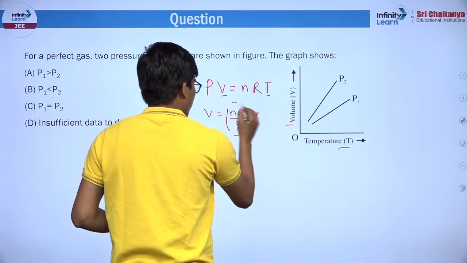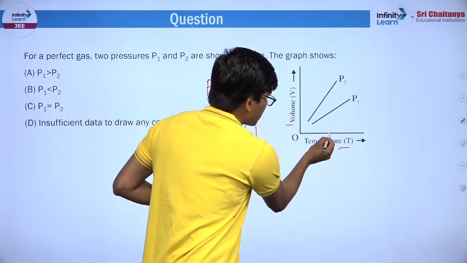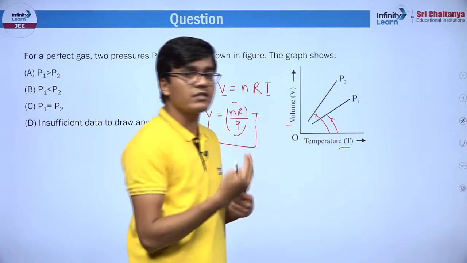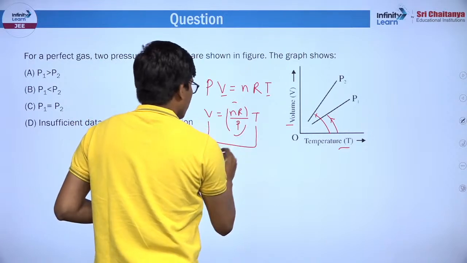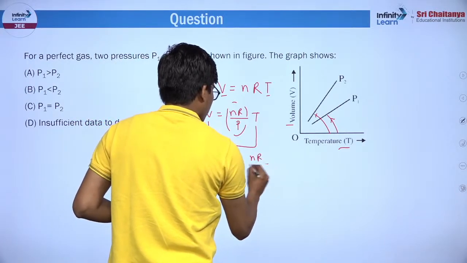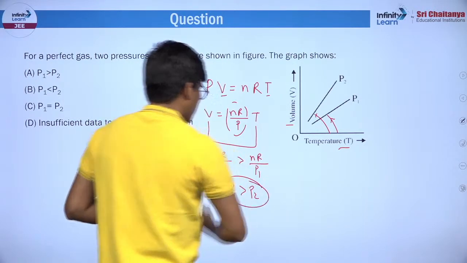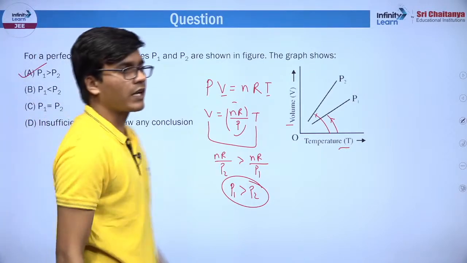This is the slope of the VT graph, right? You can see in this diagram that the slope of the P2 graph is more than the slope of the P1 graph. It means nR by P2 is greater than nR by P1. It means P1 has to be greater than P2. Very simple question, right? So A is the right answer.